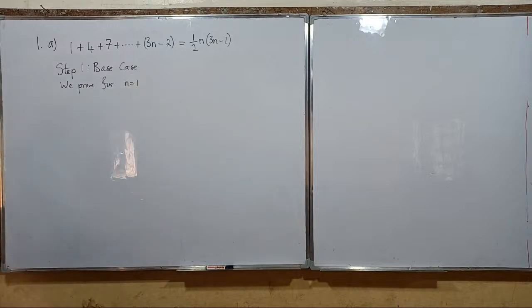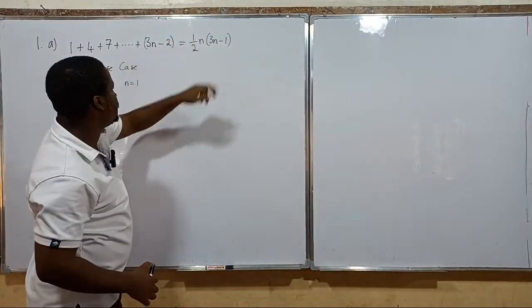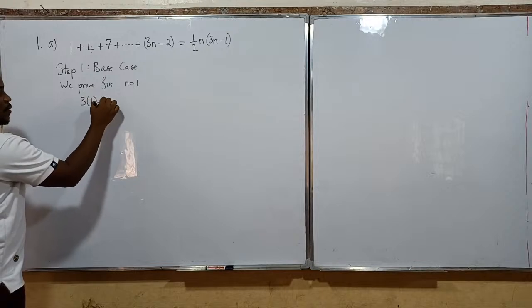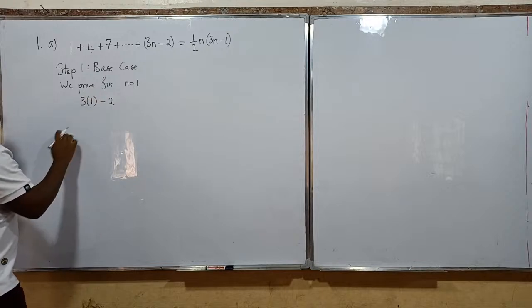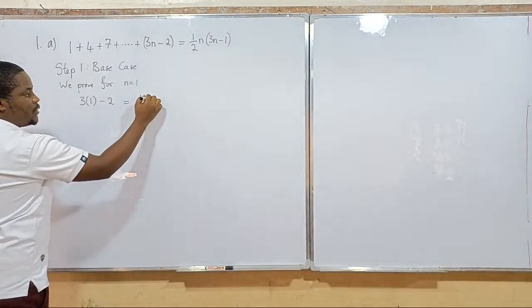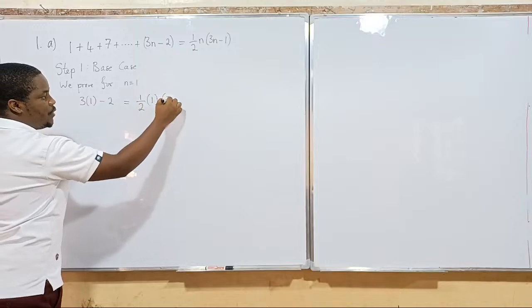Meaning that what we do is we just get this part, we equate it to this part, but where there's n, we substitute with 1. So we'll have 3 times 1 minus 2, this is equal to half times 1, open bracket, 3 times 1, which is just 3, minus 1.